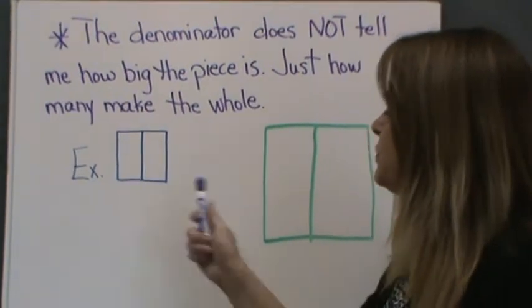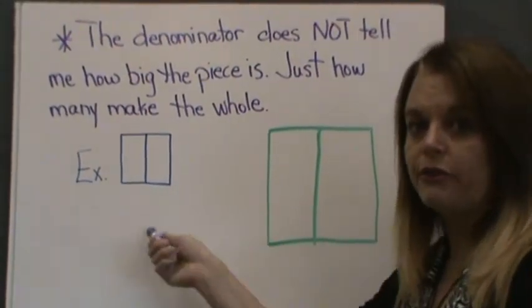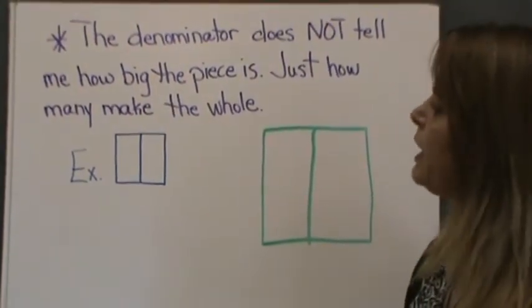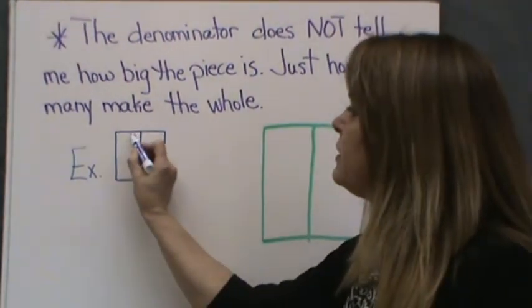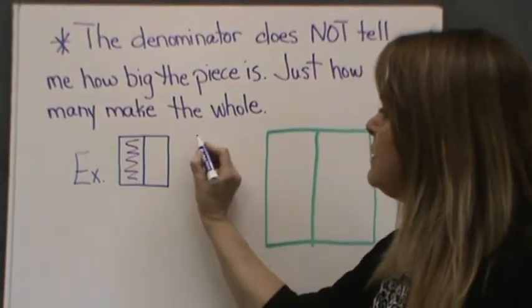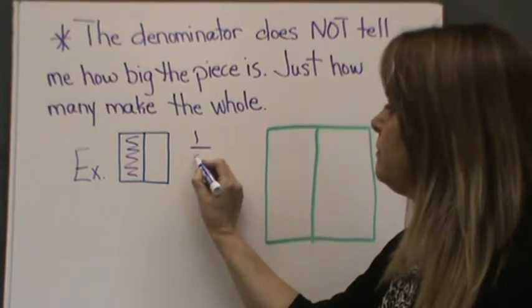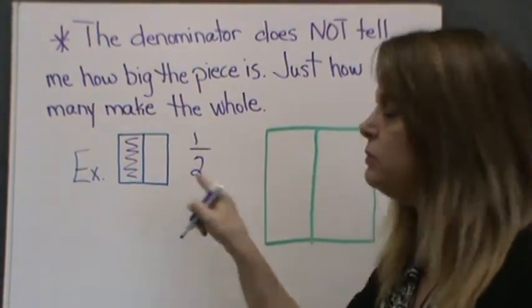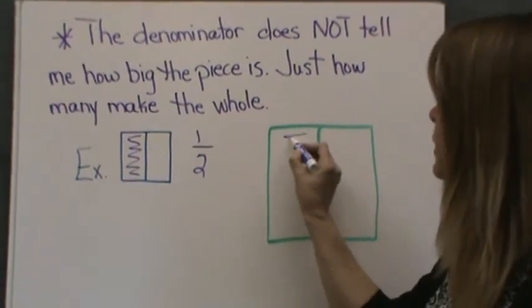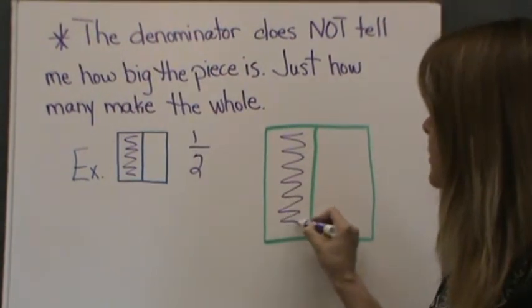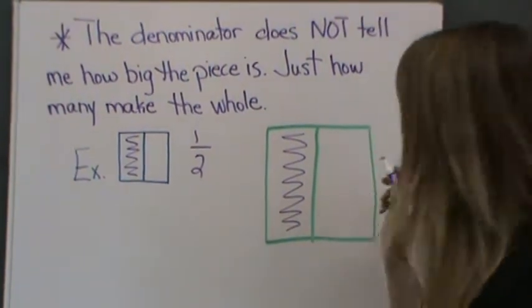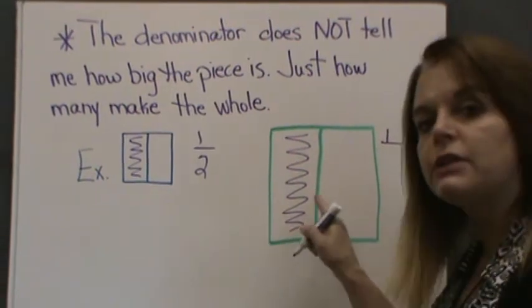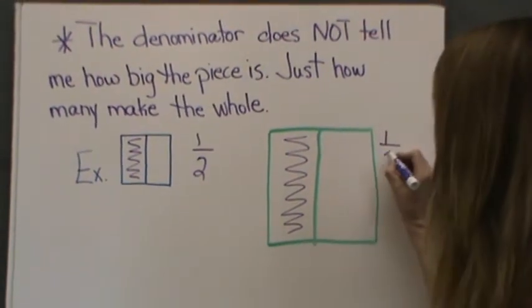It just tells me how many it takes to make the whole. So let's look at these 2 examples. Obviously, these are 2 different size squares. If I take half of this one, I'm talking about 1, and it takes 2 to make the whole. And I could come over here and talk about half of this one. I'm talking about 1. Takes 2 to make the whole.